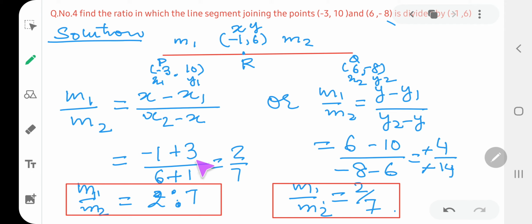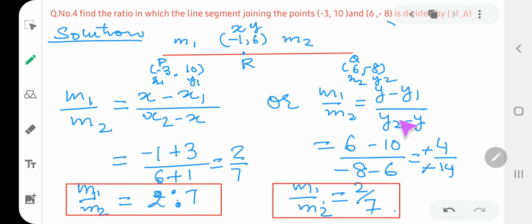This is minus 3, but the sign is minus. Minus 3 is negative and the sign in between is also negative, so it will make it plus. So this is plus, and here we have to put x2. What is x2? That is 6. So subtract, simplify and get the ratio. So that is 2:7.